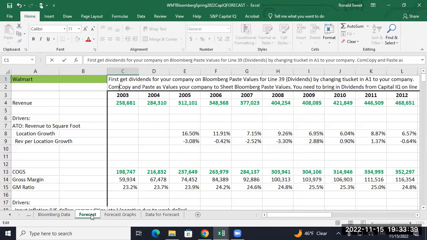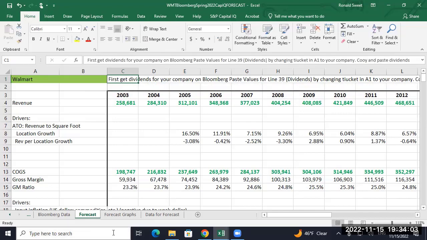Copy and paste the dividends from line 39 to your file's line 39. Then you can copy and paste yours back. So I'm missing that one line. I think this is the only major issue I had, and I don't know why Capital IQ didn't bring that in before.